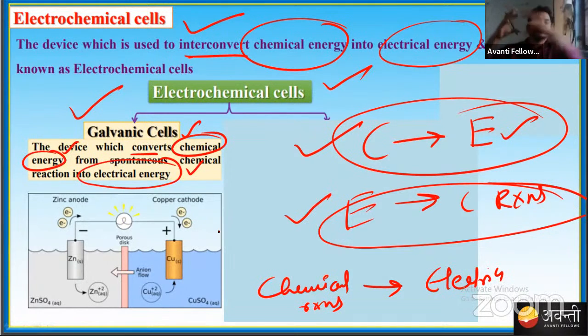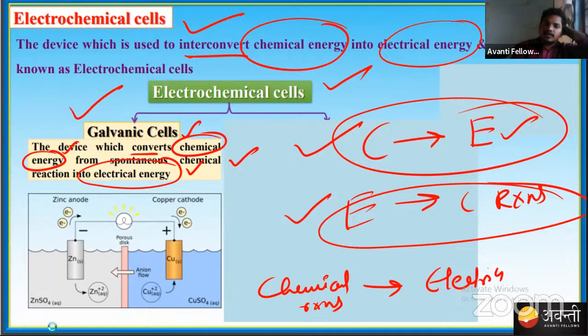This chemical to electrical conversion is spontaneous, it happens by itself, and that is why we call it a galvanic cell. So the electrochemical cell is the first type, and in that you have the galvanic cell, which converts chemical energy to electrical energy.